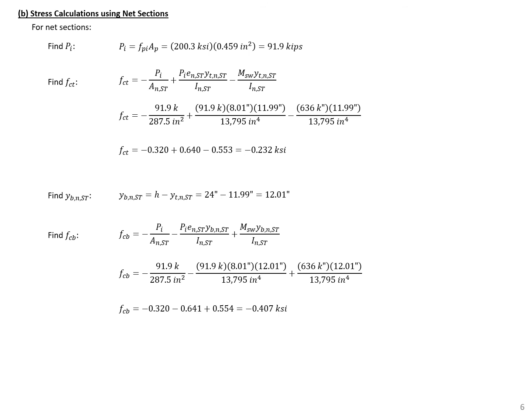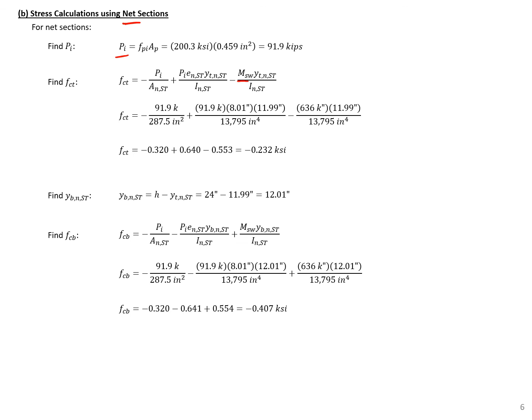We can next calculate our stresses using our net sections. With our net section, we're supposed to use our net sections to resist any self-equilibrating forces. So this is our pre-stressing and our self-weight moment. So you can see we're going to use our net sections in place of the gross sections for all of our stress calculations.